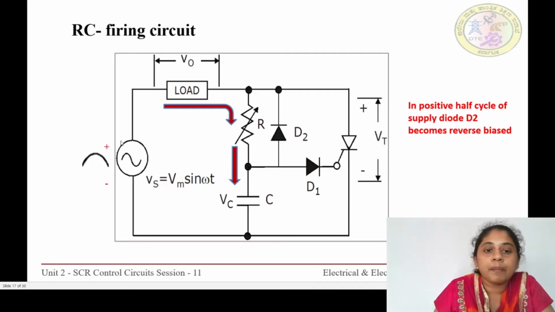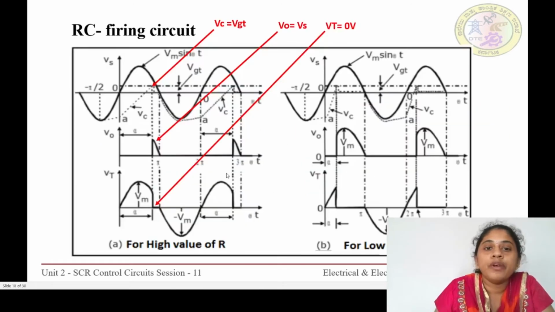Hence, the capacitor starts recharging via the variable resistor with the upper plate as positive and the lower plate as negative. Now, you can see the waveform. In the positive half cycle, the voltage keeps on increasing. Hence, the capacitor starts recharging from minus Vm.